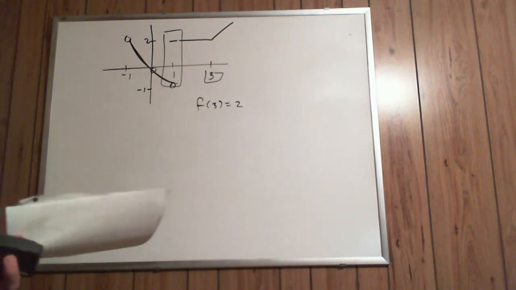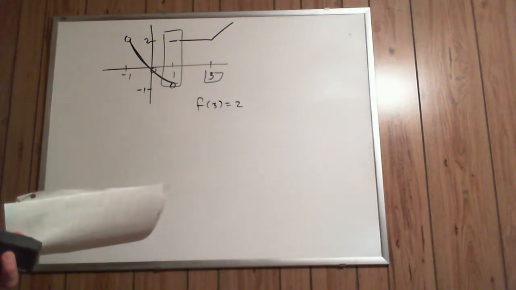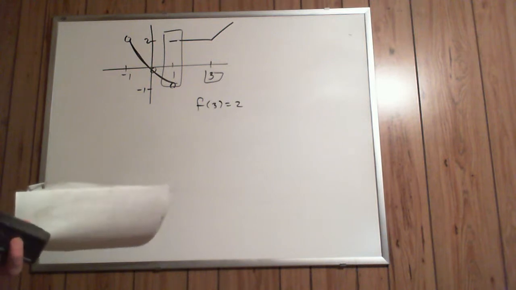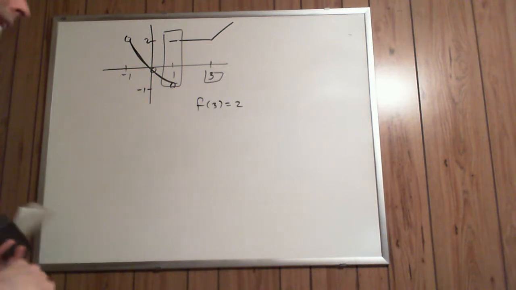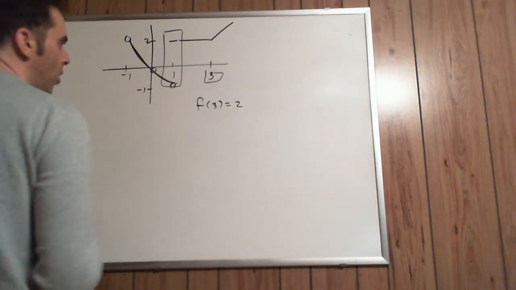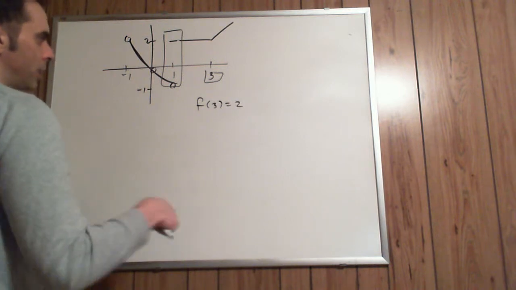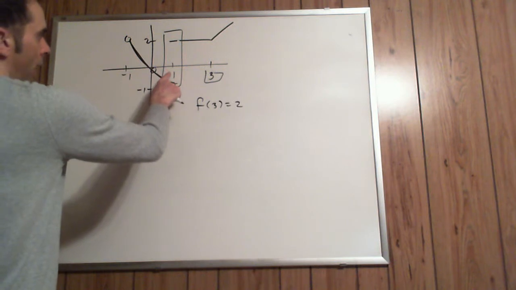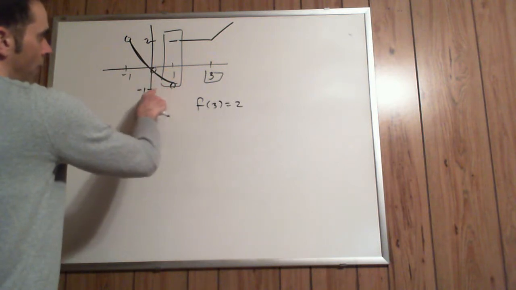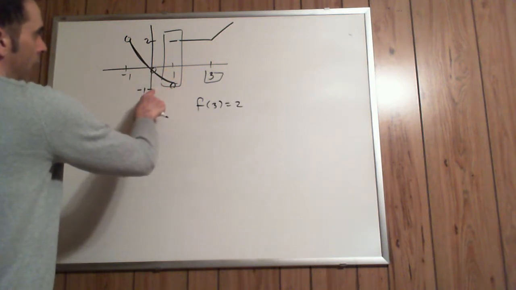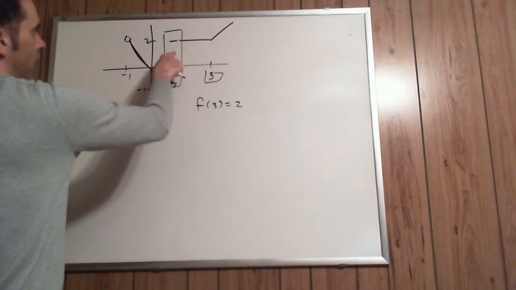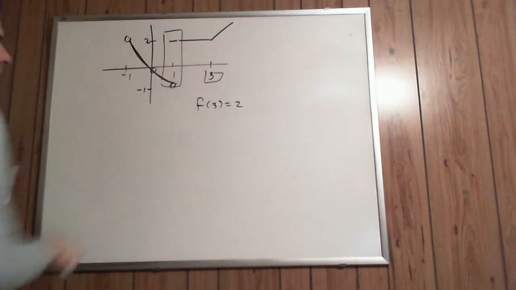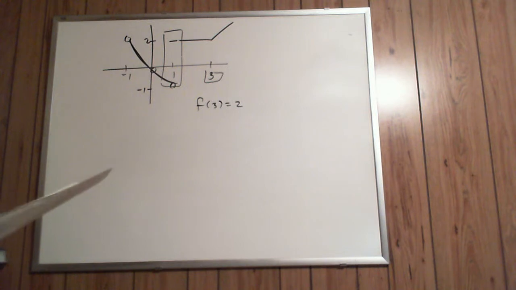Remember, for function values, you look for the closed circle. And in limits, you read what y value the function is approaching as you near the x value. So as I approach 1 from the left, I'm hitting a y value of negative 1. As I approach 1 from the right side, the y value is near 2. So those limits from the left and the right are not the same, so that would not be continuous there.